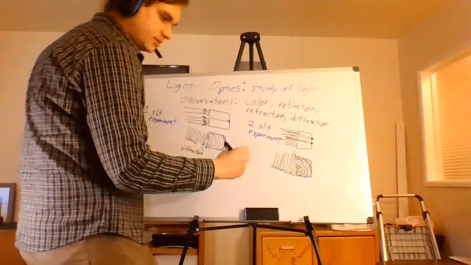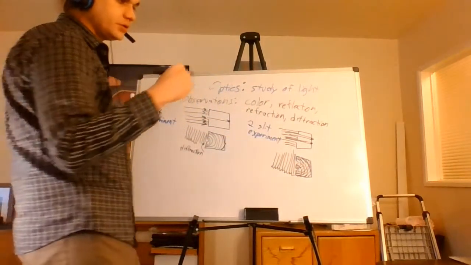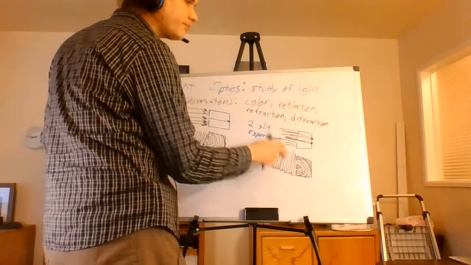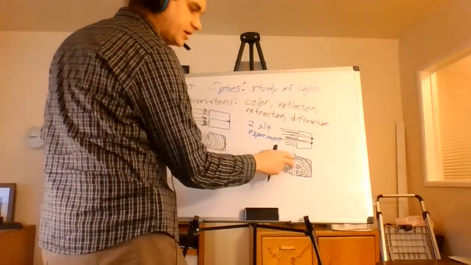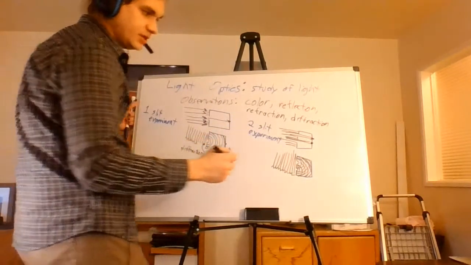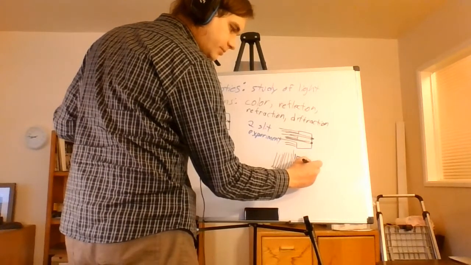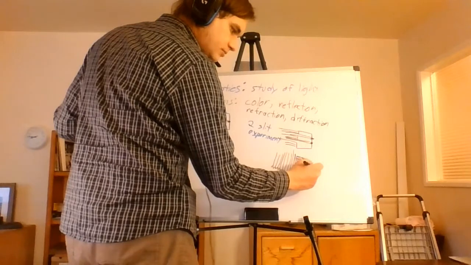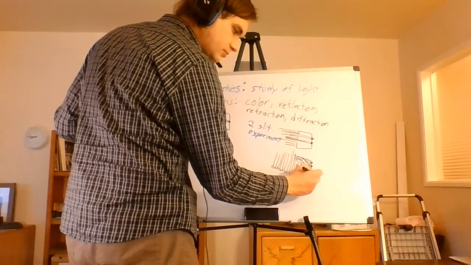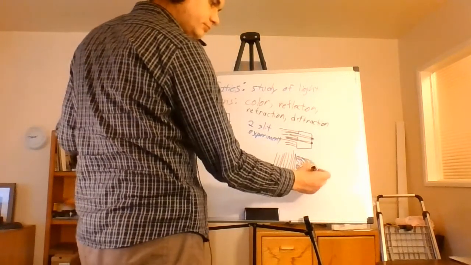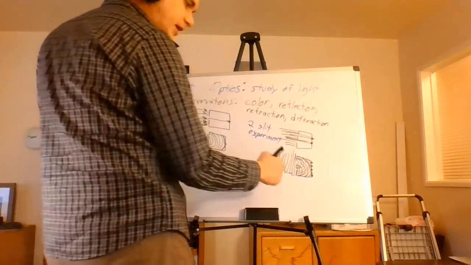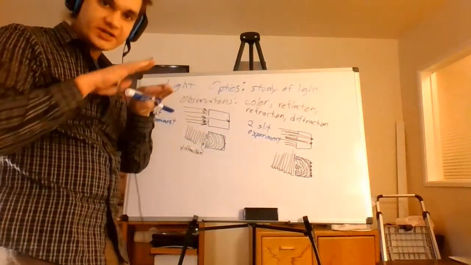So what you end up with are bright spots that are not directly opposite the slits, but rather a series of bright spots that happen where the wave crests overlap.